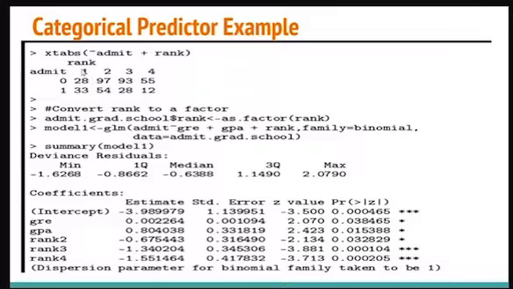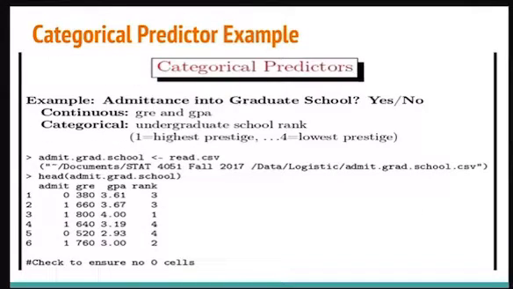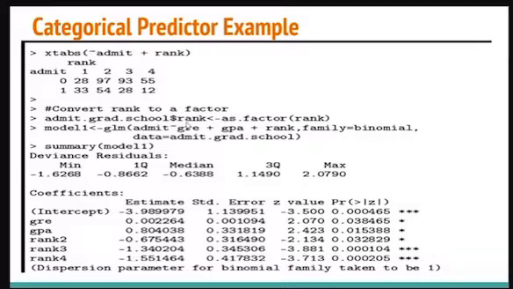If you take a look at admit 0, 1, probably we're coding yes as 1, okay, and 0 as no. If you take a look at that 2 by 4, we're trying to give the proportion, or the number, of those from undergraduate schools that were ranked 1 to 4, those who were given admission and those who were not given admission.